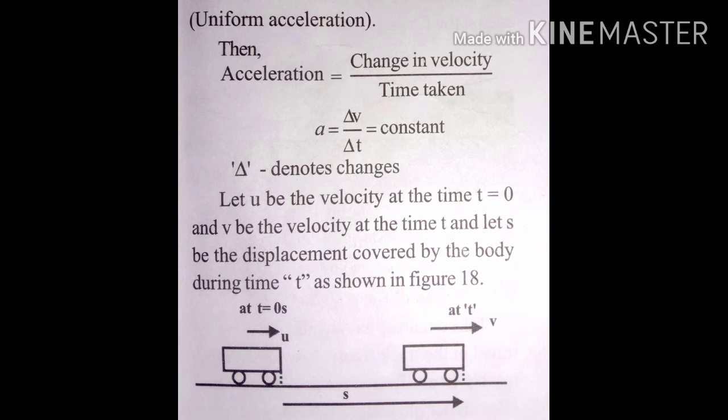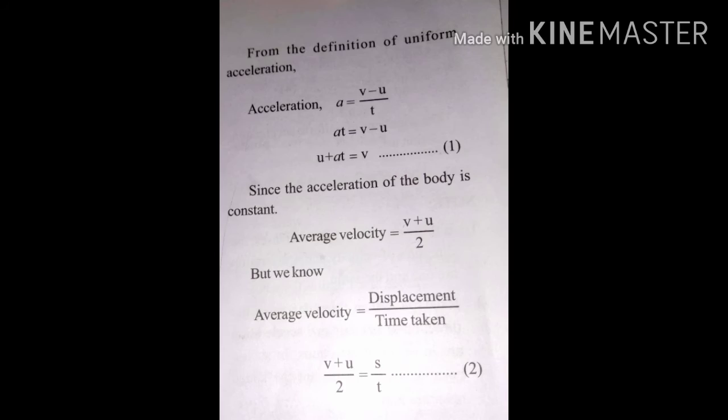Let u be the velocity at time t equal to 0 and v be the velocity at time t, and let s be the displacement covered by the body during time t. From the definition of uniform acceleration, a equals v minus u by t.